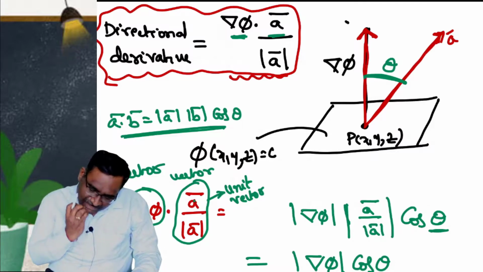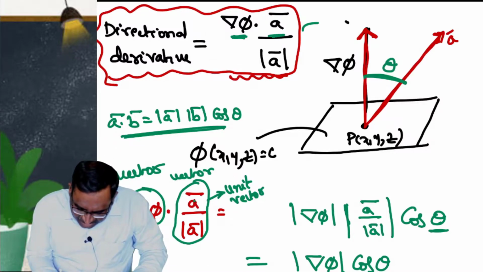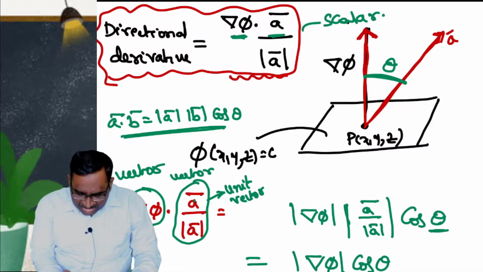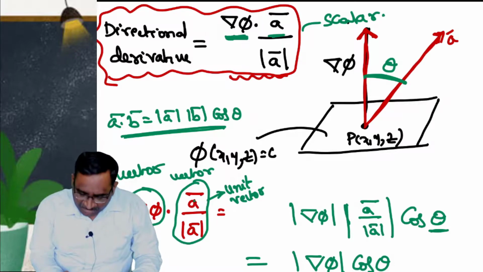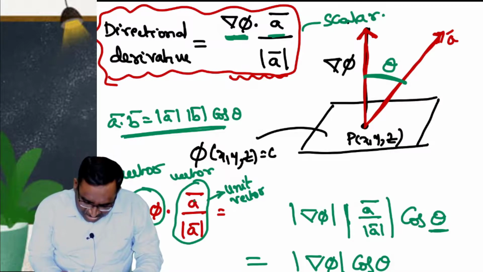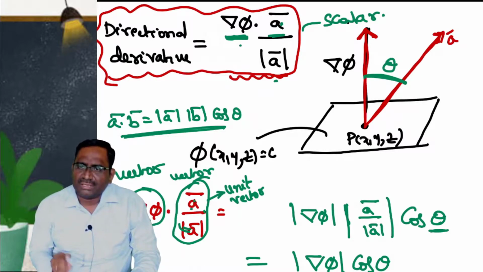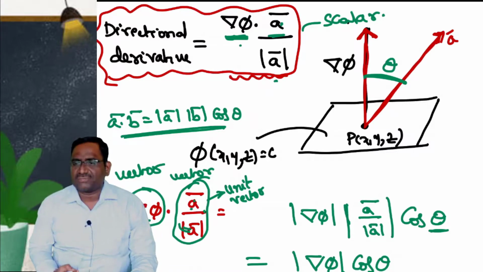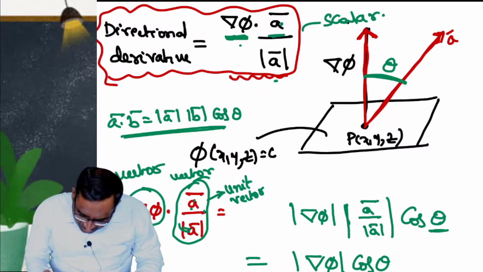Remember, del phi is the gradient, a vector, and A bar by modulus of A bar is a vector. The dot product of two vectors is always a scalar. This is also denoted by modulus of del phi cos theta, where theta is the angle between del phi and the vector A bar.